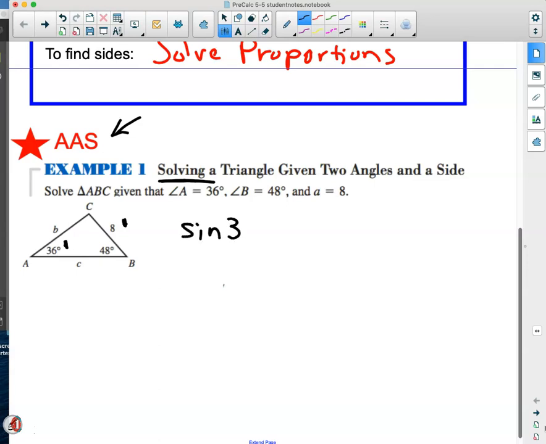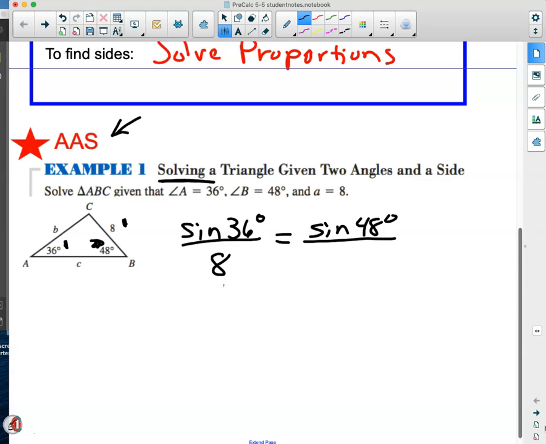So the sine of 36 degrees over 8 equals, and now I want to go after something I can find, because I want to have one piece of information that's missing. Not two, I need one. The other piece of information I have right here is that the angle for finding the sine of B is 48 degrees.